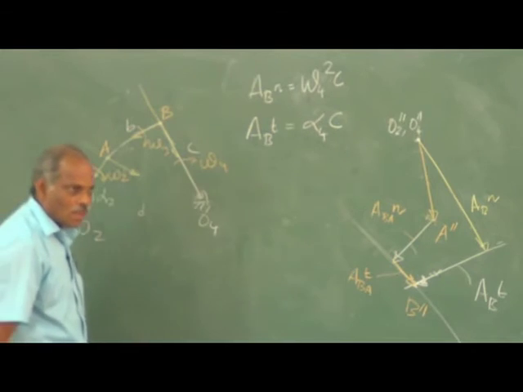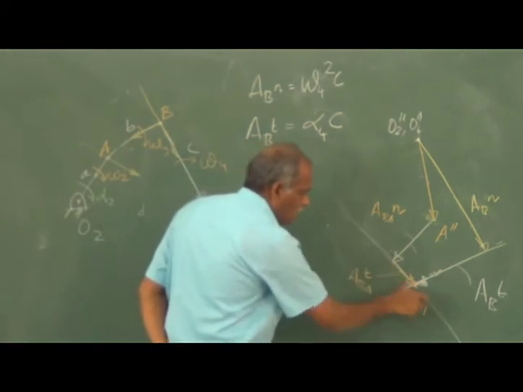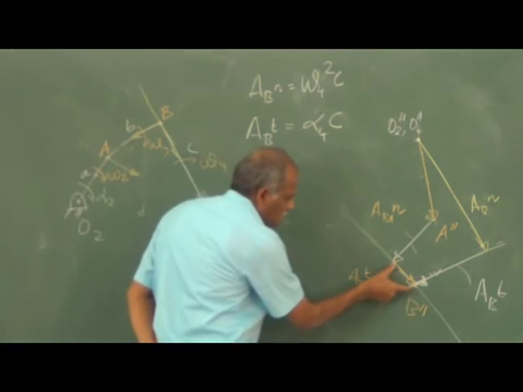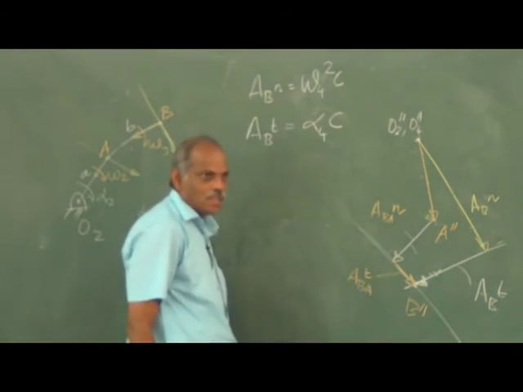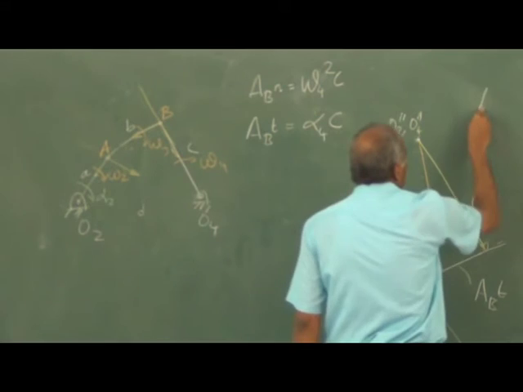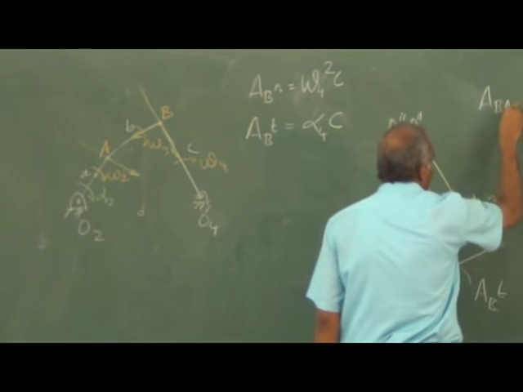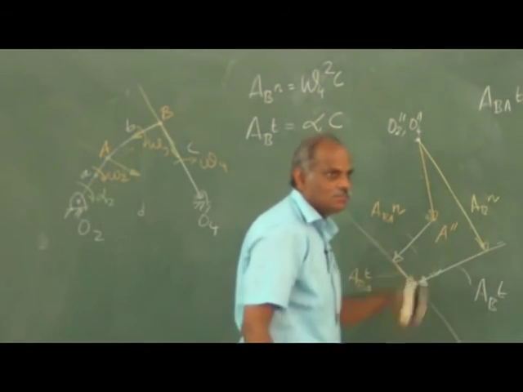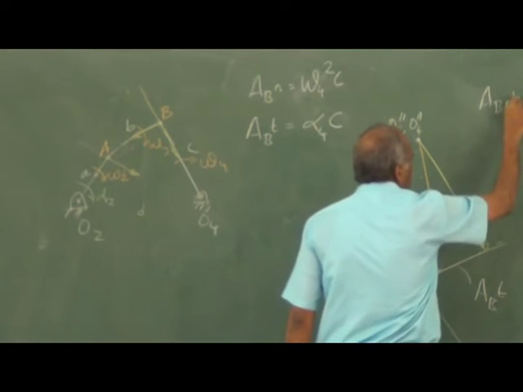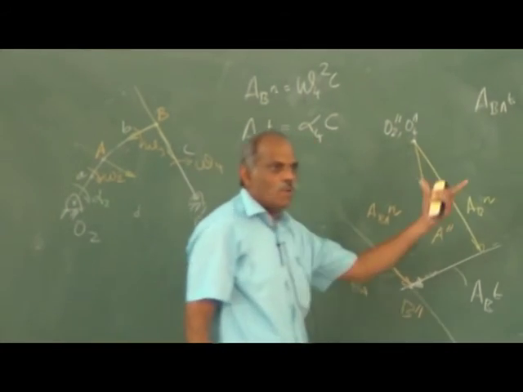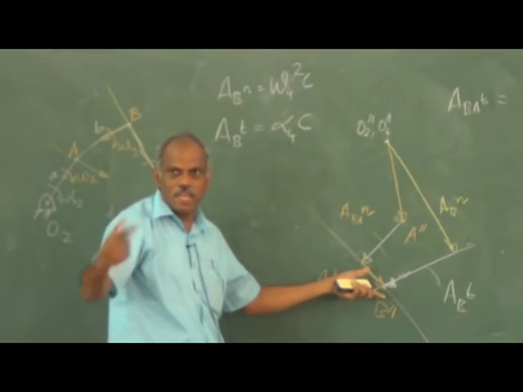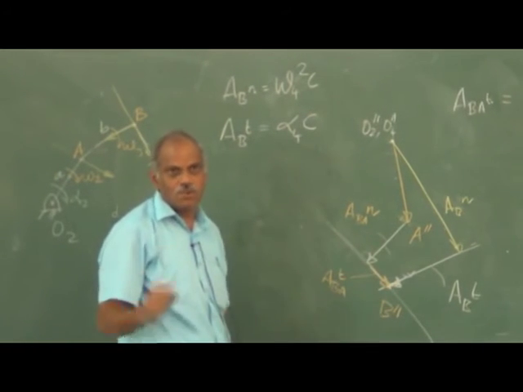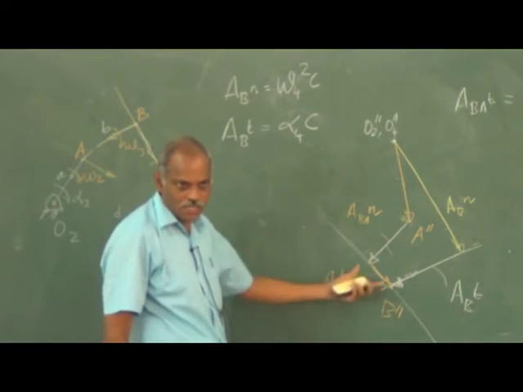Now after finishing this, I can measure this acceleration of B with respect to A tangential component. I can measure so many millimeters, and you would have used some scaling: 1 millimeter is equal to so many meters per second square, like that.